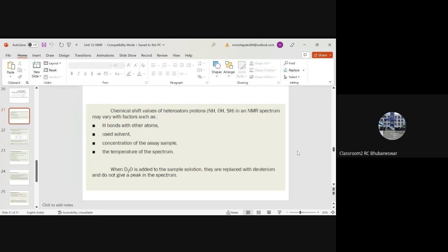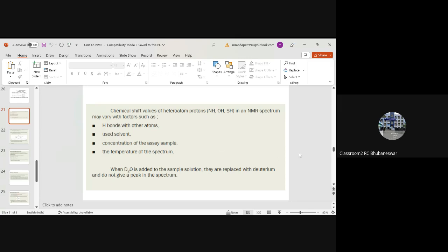There are various factors which will affect chemical shift, which I was discussing just now. But you must have a sense of what the chemical shift should be in close proximity. These include hydrogen bonds with other atoms, use of different solvents, concentration of the assay sample, and temperature of the spectrum.